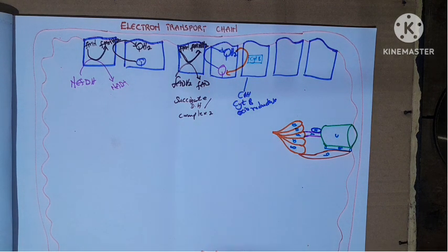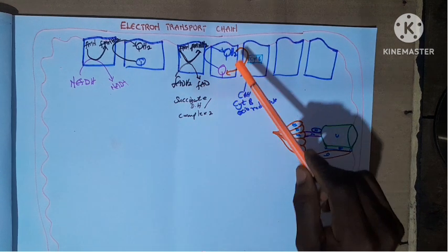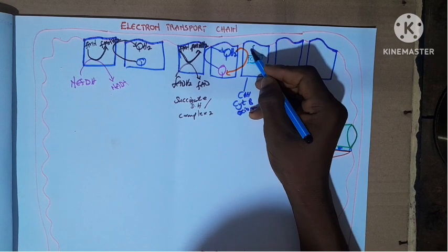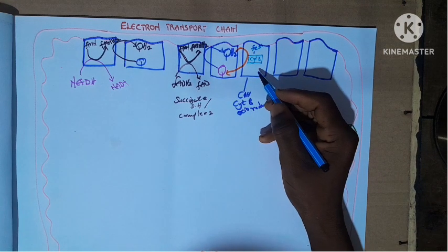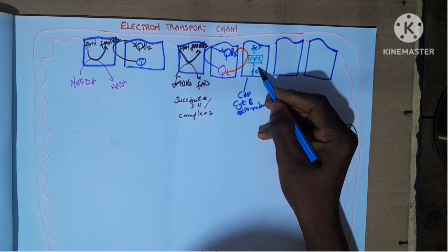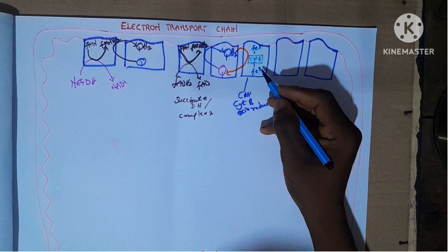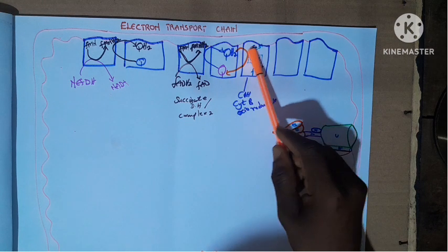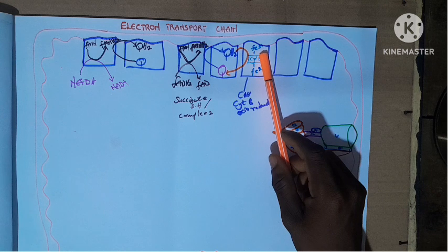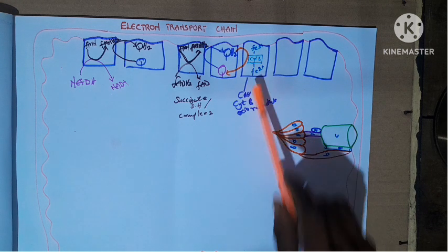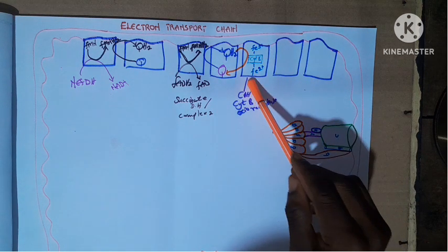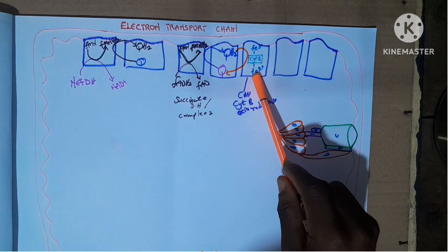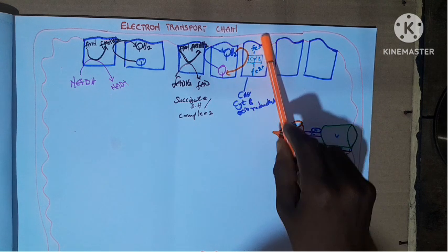And look at something here. This QH2 will pass the electrons to this cytochrome b, and this cytochrome b is made up of iron, Fe3+ and Fe2+. When QH2 passes the electrons to this Fe3+, whenever Fe3+ gains electrons, it is converted to Fe2+. Whenever Fe2+ loses electrons, it gets converted to Fe3+.